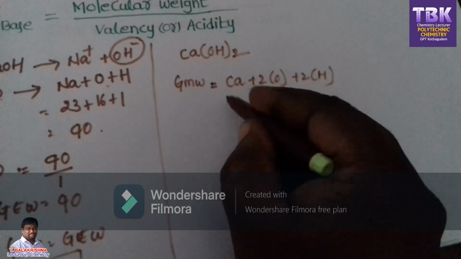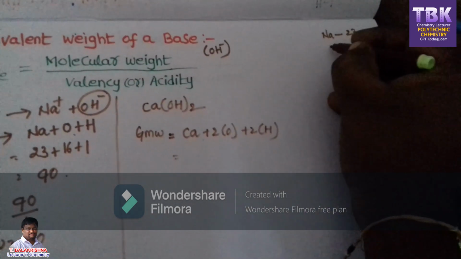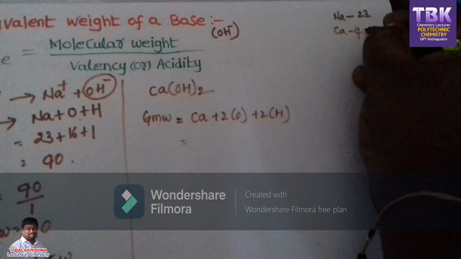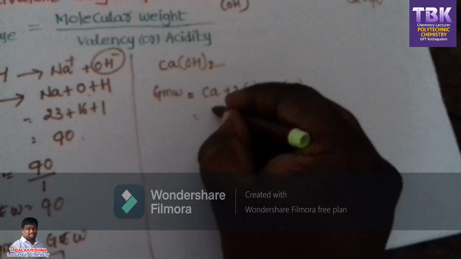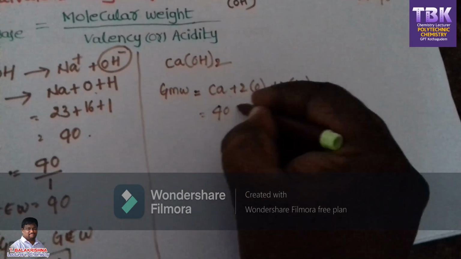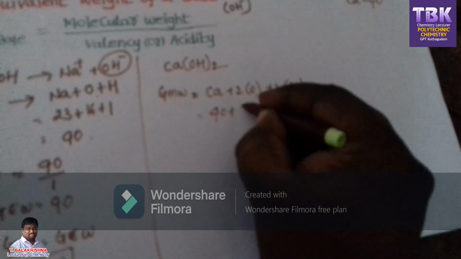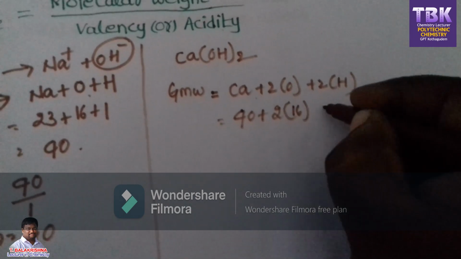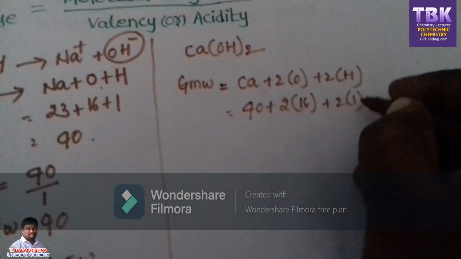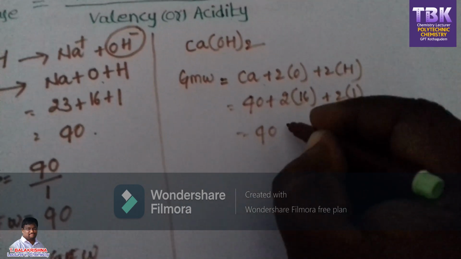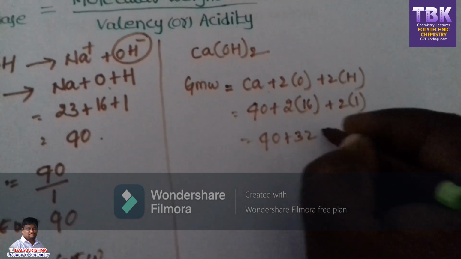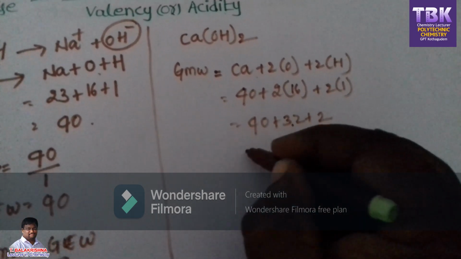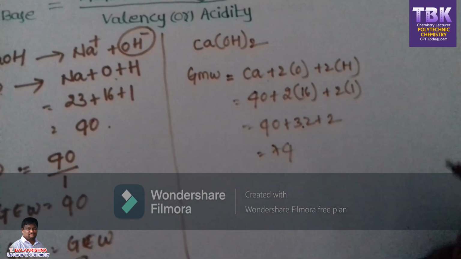Calcium atomic number is 20, weight 40. So calcium weight 40 plus 2 into oxygen weight 16, plus 2 into hydrogen weight 1. So 40 plus 32 plus 2, total 74. 74 is the gram molecular weight.